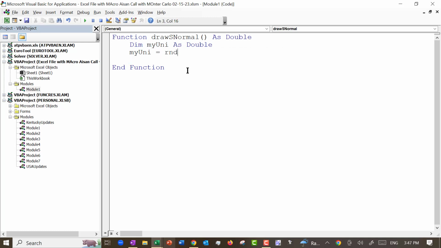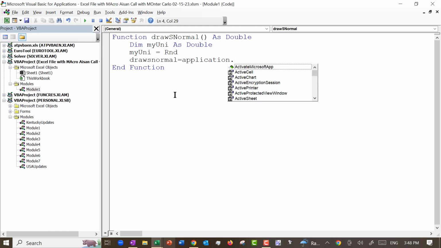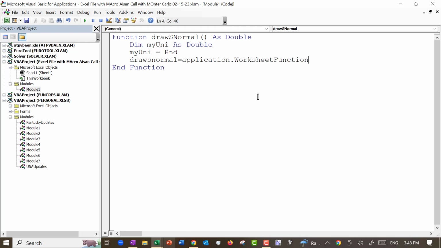Let's just use this RND. It just gets a random number, a Visual Basic function between 0 and 1, and draw as normal equals norm as inv.